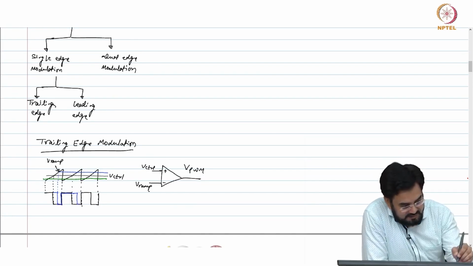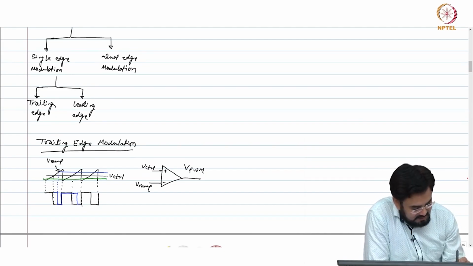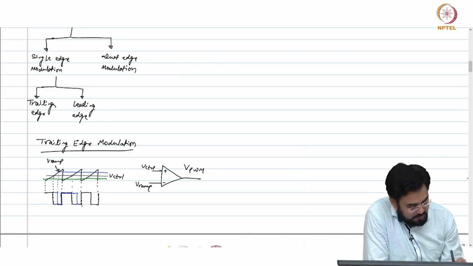In the second case, it will remain low, so if this is your high, it will go low here.